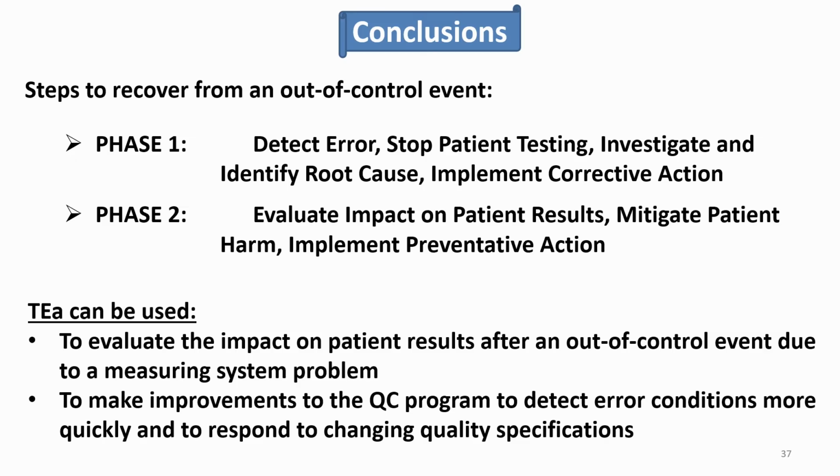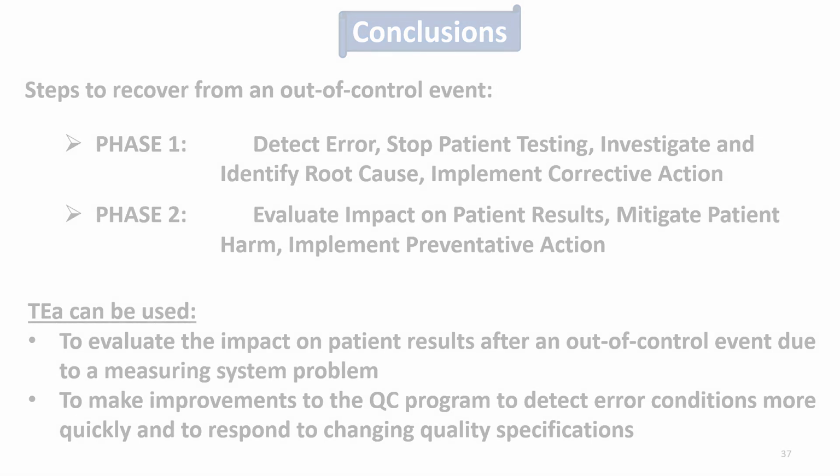So allowable total error is a very useful tool. It can be used to evaluate impact on patient results after an out-of-control event, or to make improvements to your QC program to detect error conditions more quickly and also respond to changing quality specifications. For example, if you find your lab is failing PT based on the new CLIA specifications. Okay, so that's the end of my presentation.